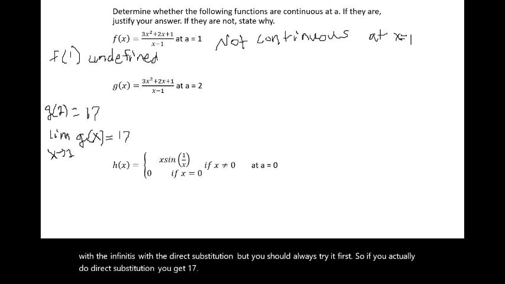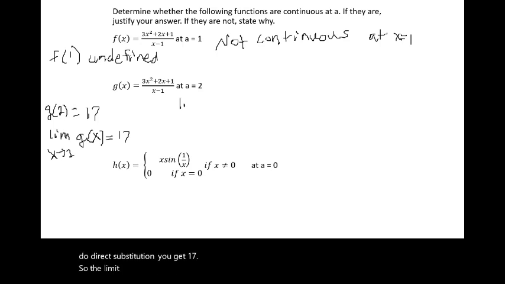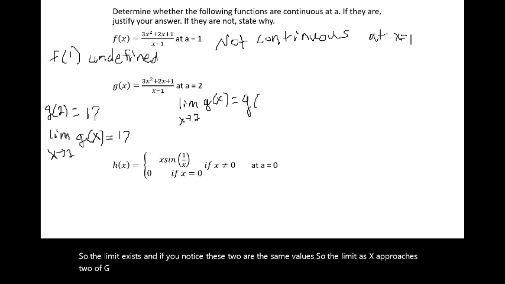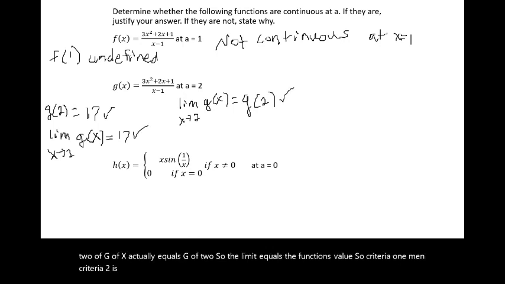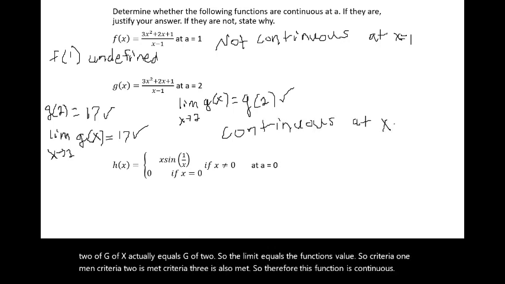So the limit exists. And if you notice, these two are the same values. So the limit as x approaches 2 of g of x equals g of 2. So the limit equals the function's value. So criteria 1 is met, criteria 2 is met, criteria 3 is also met. Therefore, this function is continuous at x equals 2.